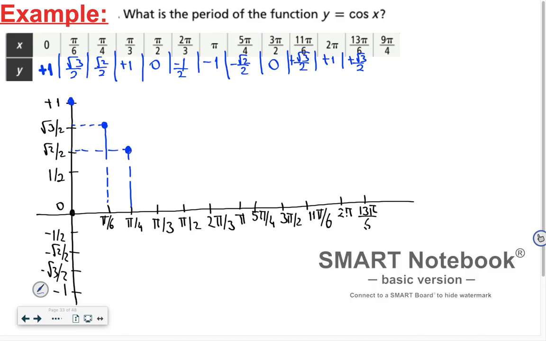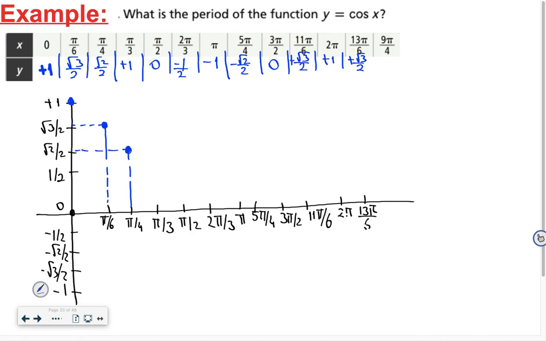X is equal to pi over 3, y is going to be 1/2, ladies and gentlemen. If it is pi over 2, it's going to be 0. 2 pi over 3 is negative 1/2. Unfortunately, I couldn't draw to scale, so please excuse me.